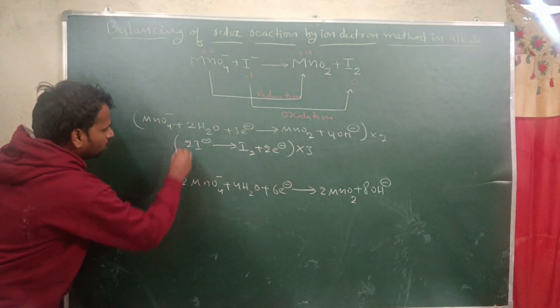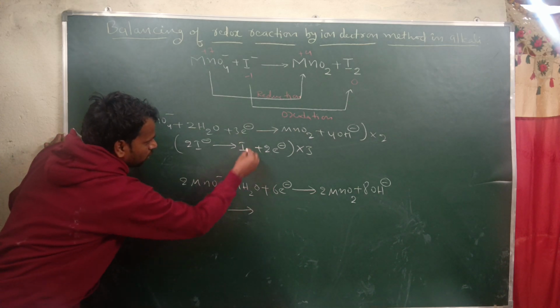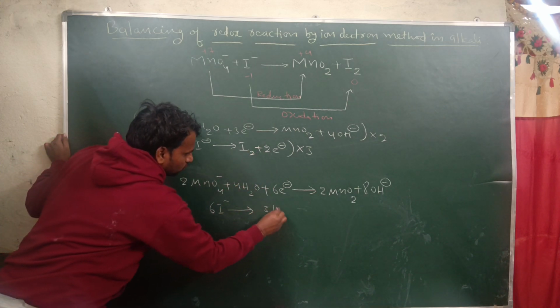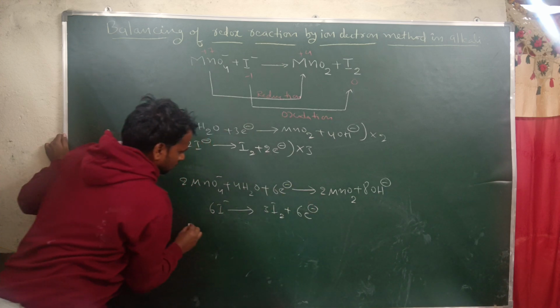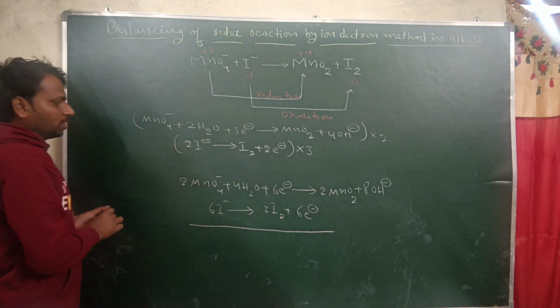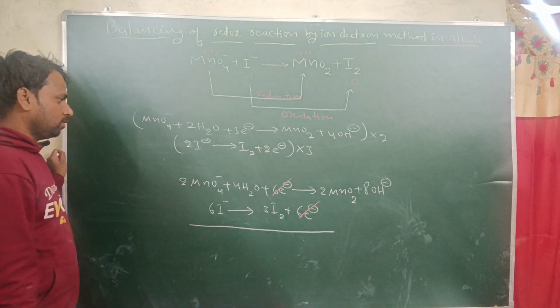Next, 3 times 2, 6I minus gives rise to 3I2 plus 6 electrons. That's it. Next, what happens here? 6 electrons and 6 electrons get cancelled.